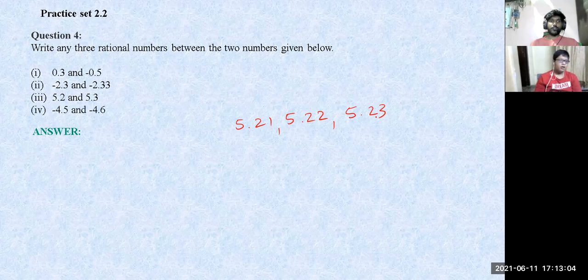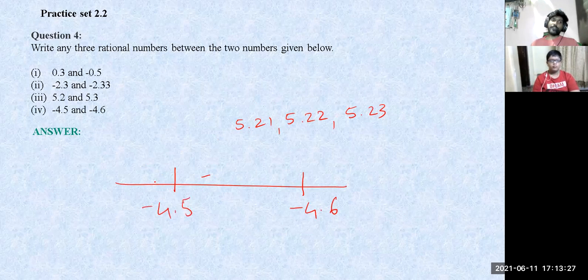Next one, minus 4.5 and minus 4.6. Minus 4.51. Minus 4.51 will go out. This is negative. Now keep in mind between negative and positive. So if this is a number line, this is minus 4.5, minus 4.6. So minus 4.51 will come here. I want it between them. Did you understand what I'm trying to say? Wouldn't 4.6 come this side? Oh.